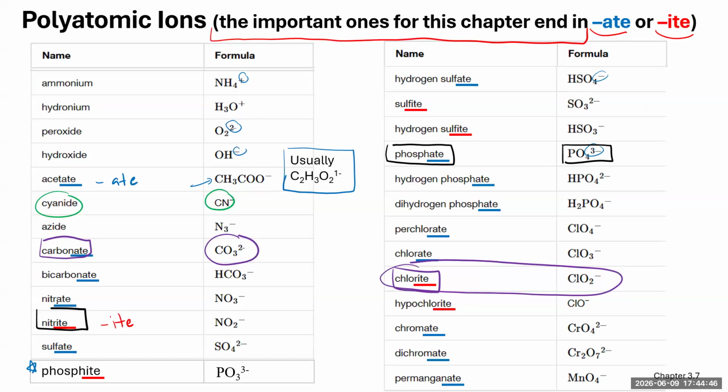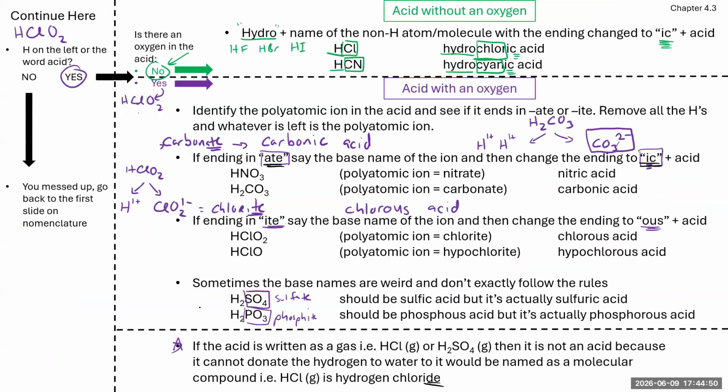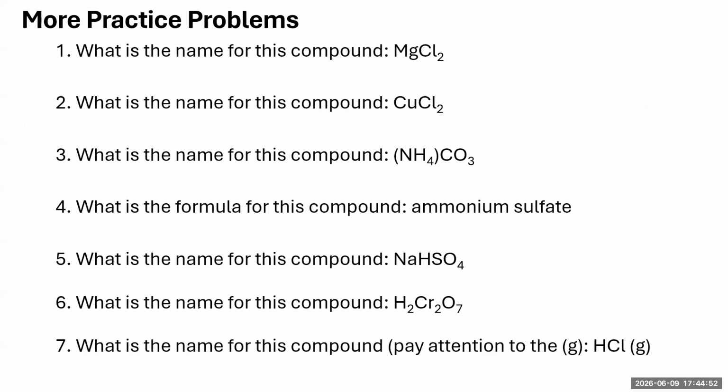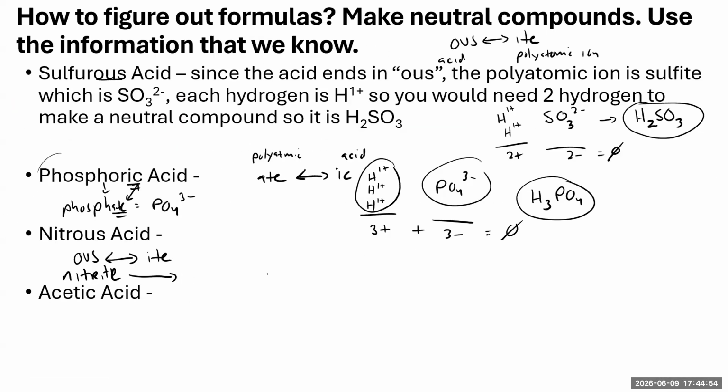Nitrite. That's NO2 1 minus. We have to have just one hydrogen because it's a 1 plus, so that becomes HNO2.